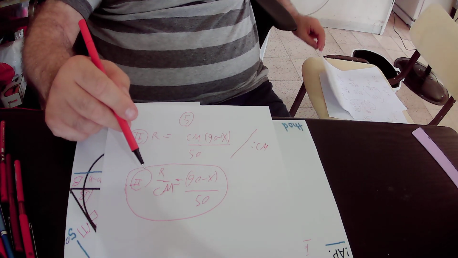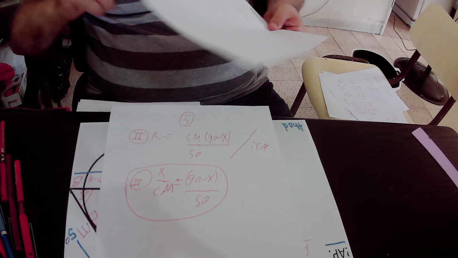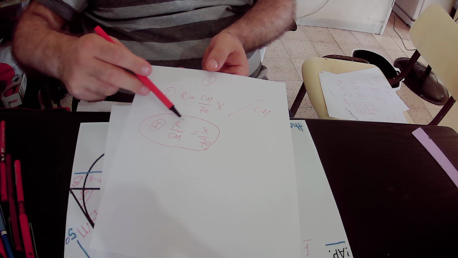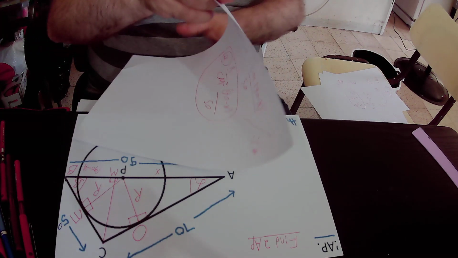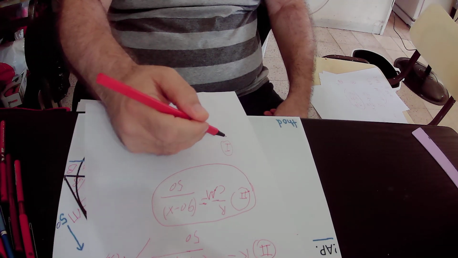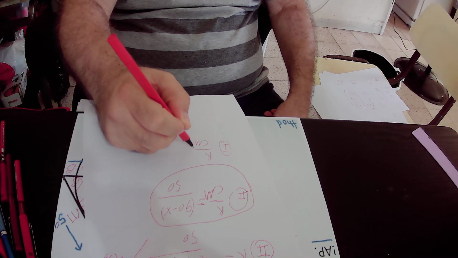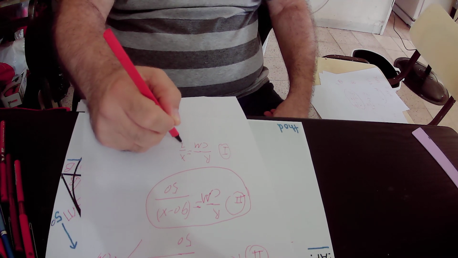But from our first equation, we got that R over CM equals x over 70. So I'll write it down. From the first equation, we already know that R over CM equals x over 70.